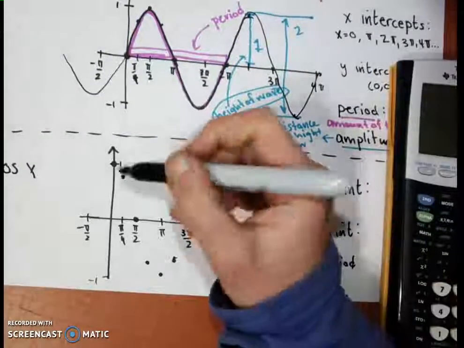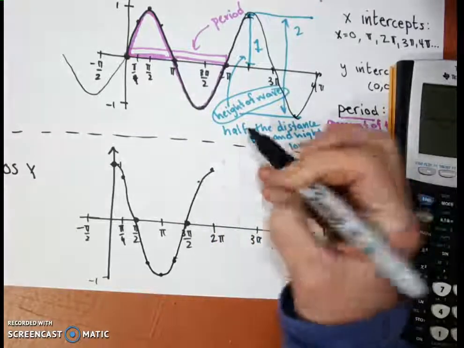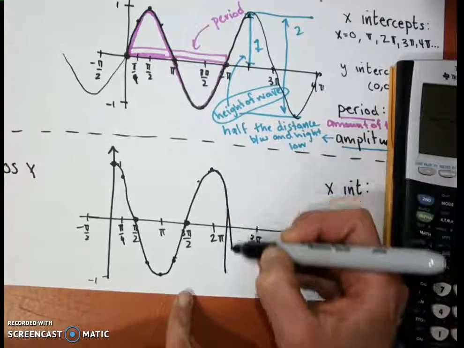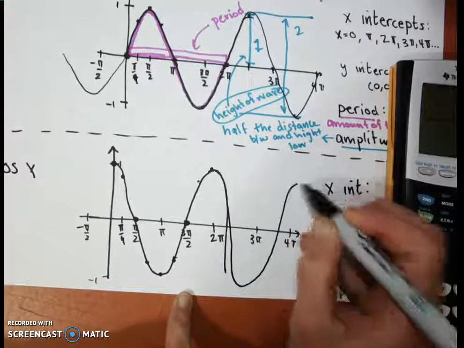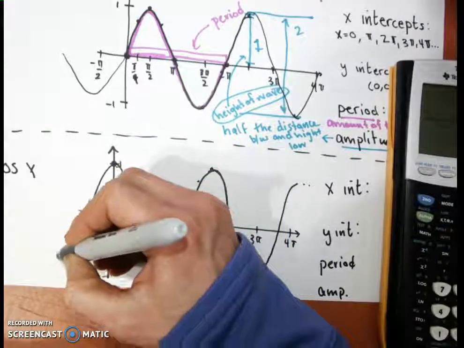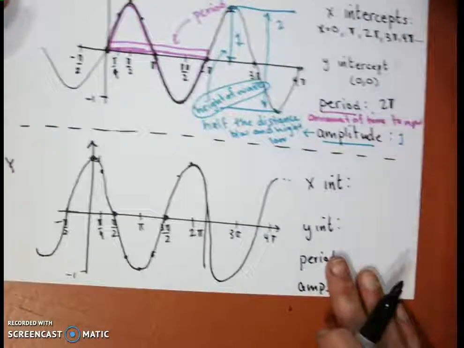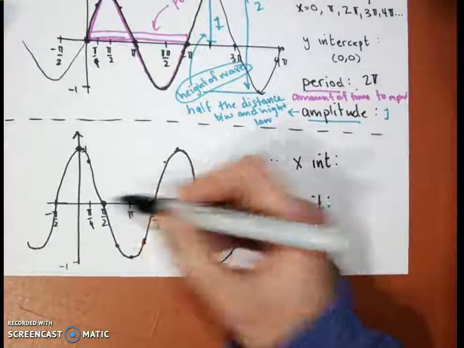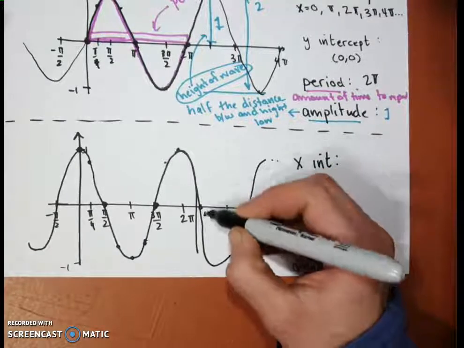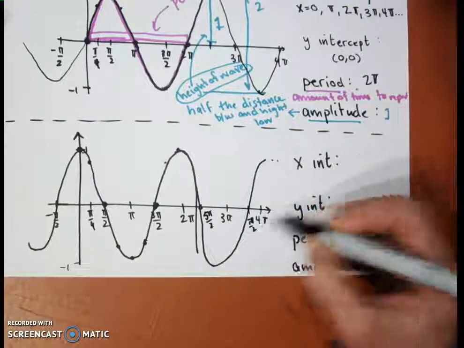So now we can connect these up into our nice cosine wave. Like that, and it will keep going. It keeps going on this side as well. So if you notice here, my x-intercepts are at pi over 2, 3 pi over 2, 5 pi over 2, and 7 pi over 2.